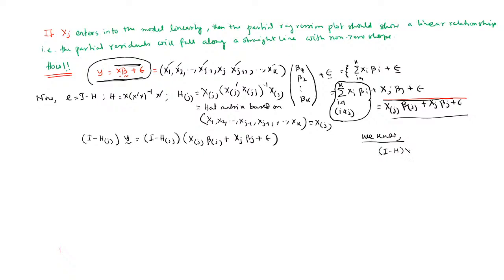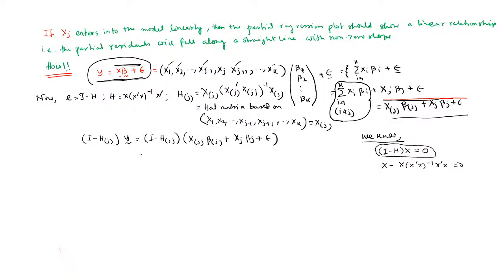So if you post-multiply by X, this gives 0. We know this thing, or you can check it easily: (I minus H)X means X minus X(X prime X) inverse X prime X, so this gives 0. So we know this fact.